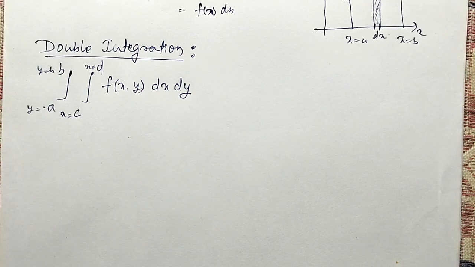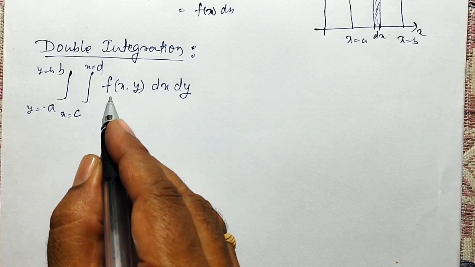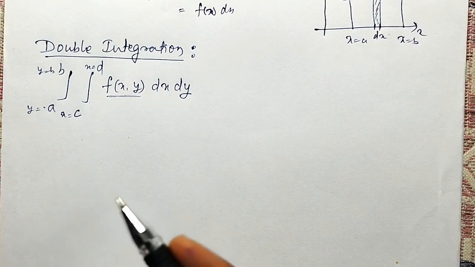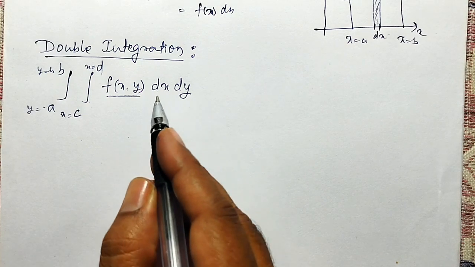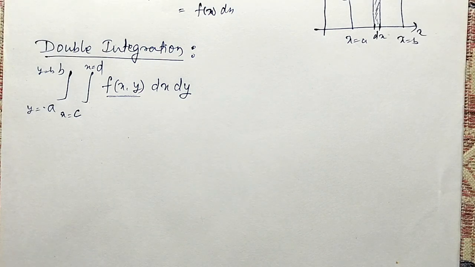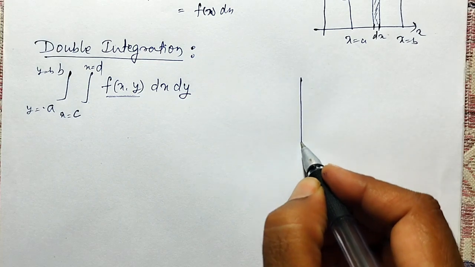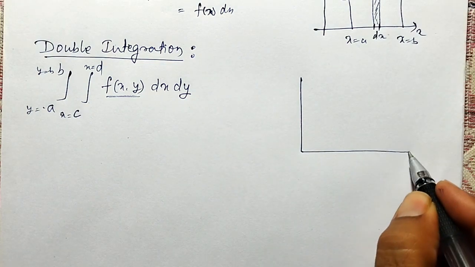Then what is it going to represent? Geometrically, let me explain. As I mentioned, this f of x y is representing the surface for us in three dimensions. Now, what does this dx dy represent? Let me consider one by one. Here, let me draw a simple three-dimensional figure.